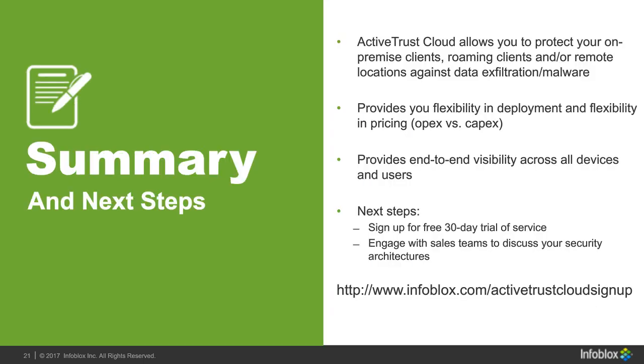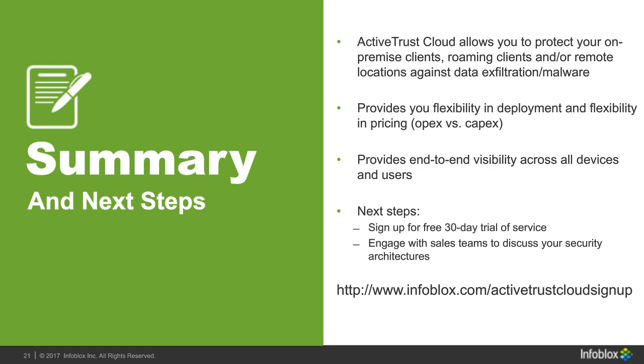So as a summary and next steps, you can go and try out the service at the URL mentioned here, infoblox.com/ActiveTrustCloud sign up. We do offer a free 30-day trial, and once the 30-day trial is over, you have the option to choose a tier of service that you need.